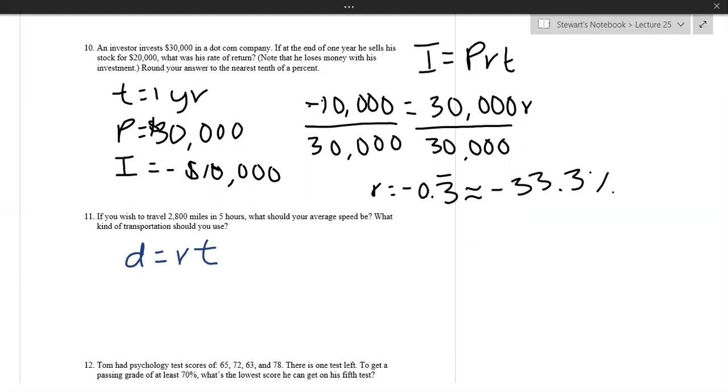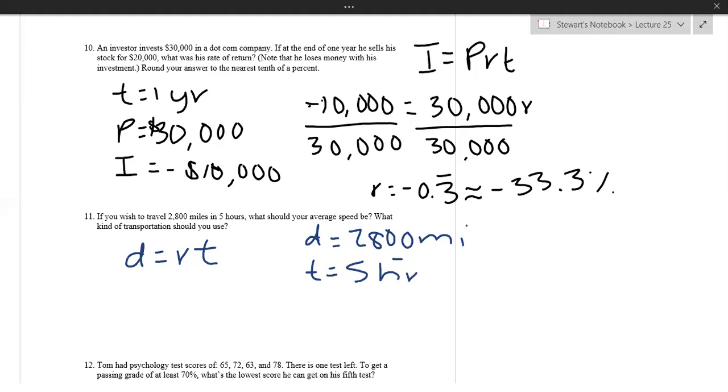So we know the distance is 2,800 miles. We don't know what the rate is. We want to figure that out, and the time is equal to 5 hours.